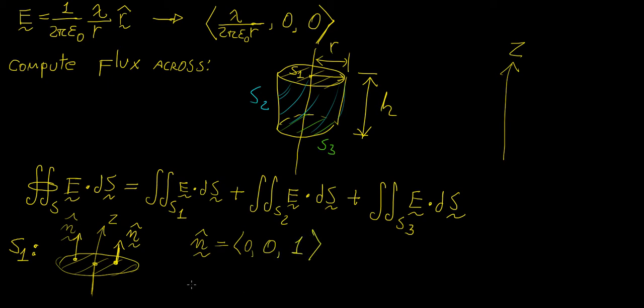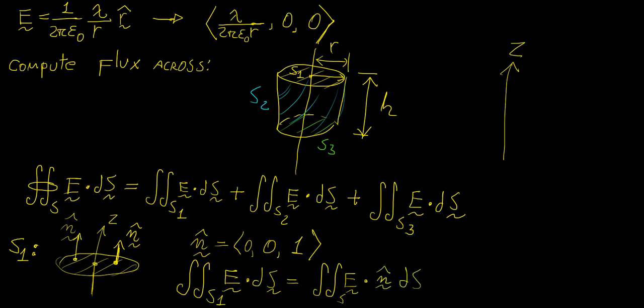Now, if we want to compute the flux integral across surface 1 of E, you know from the last video that we can represent this in terms of the normal vector to that surface. So we can write E dot product with the normal vector times the magnitude of the surface ds.